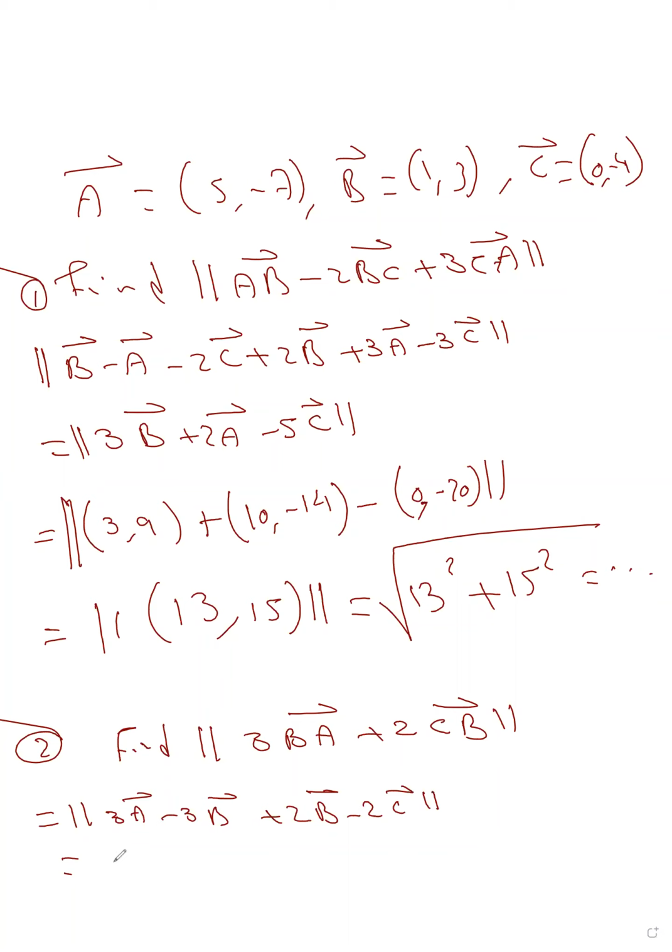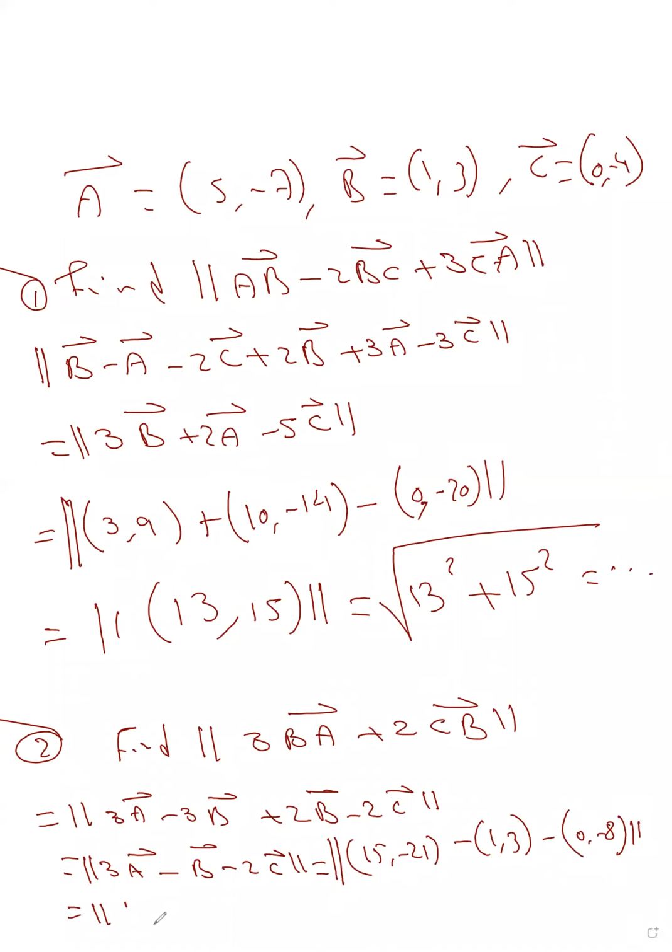So 3A minus B minus 2C will be 3A which is (15, -21), minus B which is (1, 3), minus 2C which is (0, -8). It will be the norm of (15 minus 1, negative 24 plus negative 16)... square root of 14 squared plus 16 squared. That's the norm of the vector.